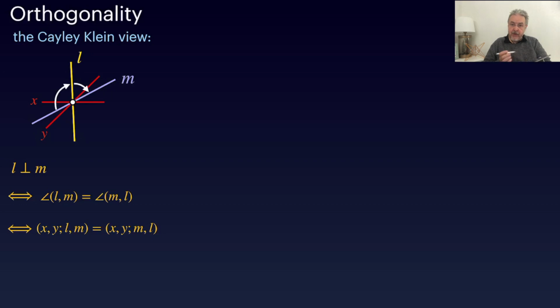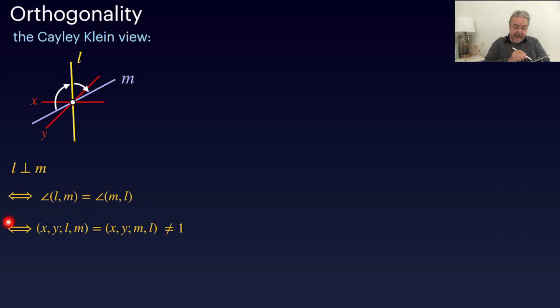So the cross ratio xy_lm should be the same as xy_ml, and usually I will assume that L is not equal to M and X is not equal to Y, so we might make also sure that this cross ratio is not the one. But this completely characterizes the situation, because we know about cross ratio. If we interchange two elements in one of the pairs, it just becomes its own reciprocal.